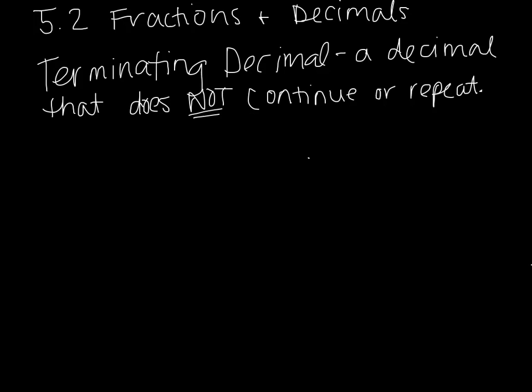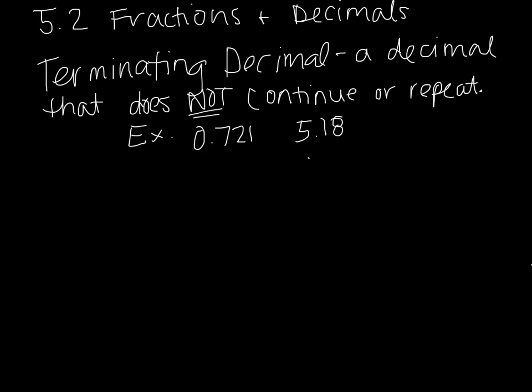Okay, so an example of this would be like 0 and 721 thousandths, or 5 and 18 hundredths. Okay, so that is the end of that decimal. It does not go on any farther. It just ends right there.